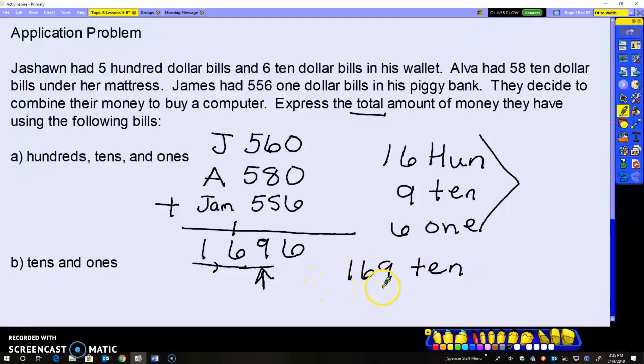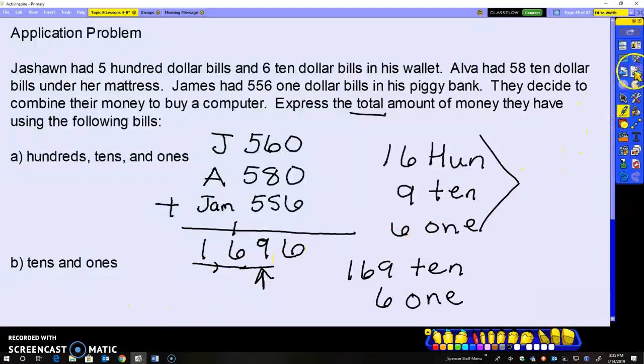And that's going to leave my 6 ones by themselves. So I could go to the bank and get 169 $10 bills and have 6 ones, and I would have this amount of money. Pretty cool. Alright, so this gets us jump started in what we're going to look at today.